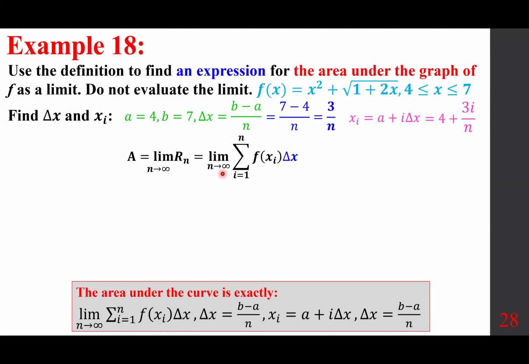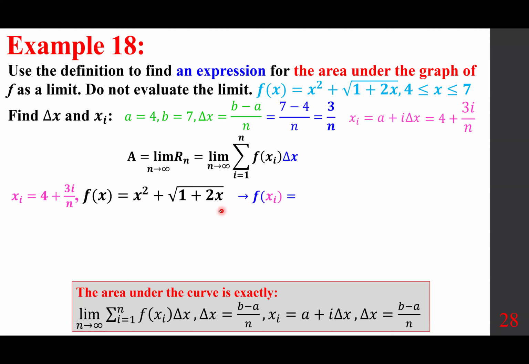So what do we do? We replace into the function x sub i, and x sub i is 4 plus 3i over n. So the function is this, and x sub i, we found it to be 4 plus 3i over n. So if I plug in, this becomes 4 plus 3i over n squared plus the square root of 1 plus 2 times the same thing, 4 plus 3i over n.